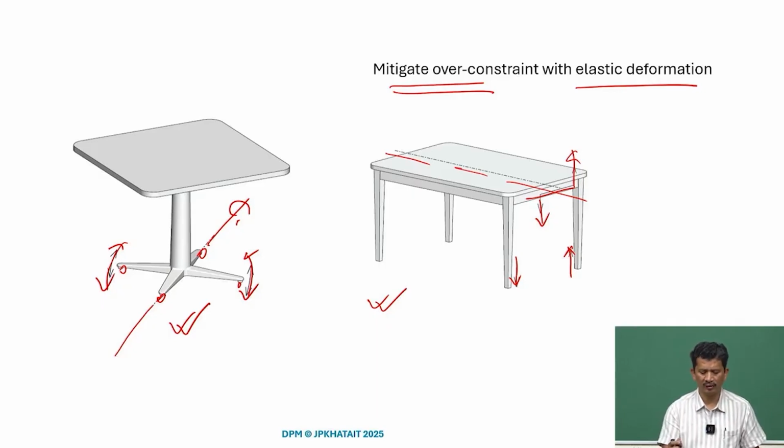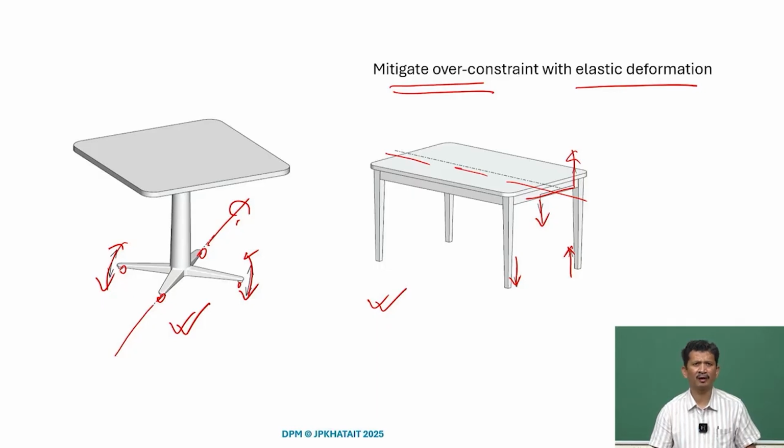But it is happening because we have provided elastic deformation, or we can say we have provided an internal degree of freedom in the form of elastic deformation of the table, and in this way it can conform to the surface even though it is not flat, and all the 4 legs will make contact, but definitely the table will deform.